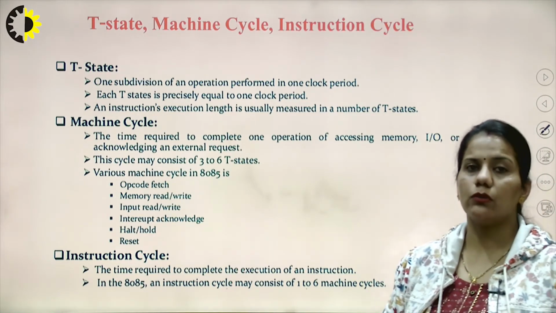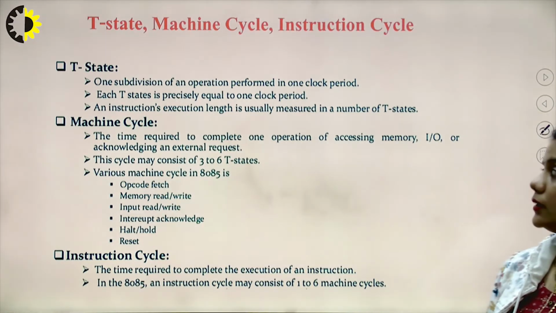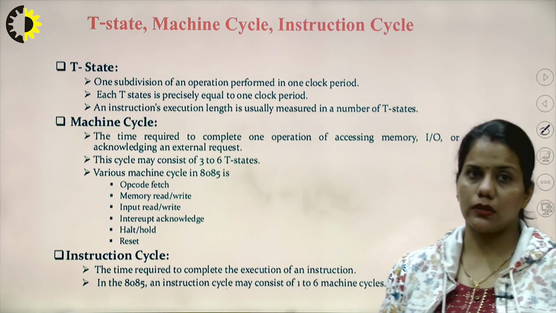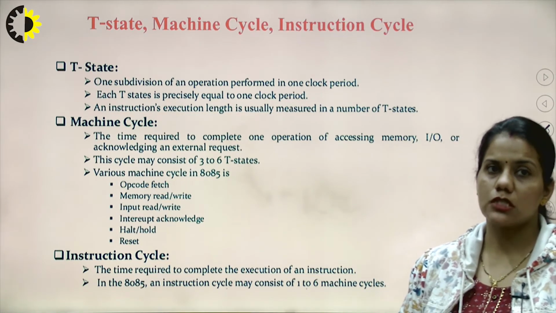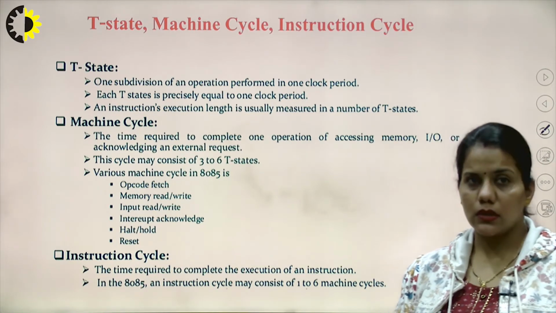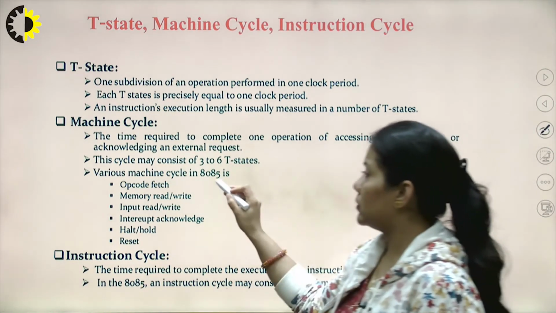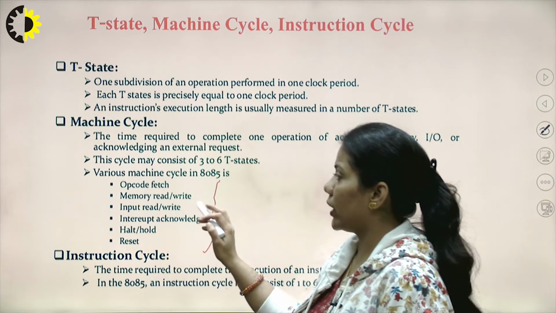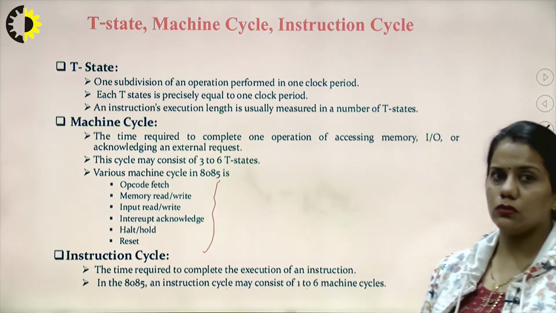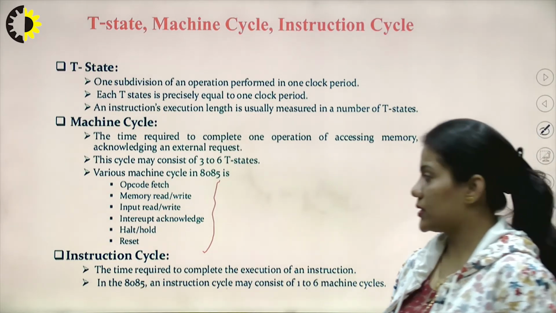The time required to complete one operation of accessing memory, input output, or acknowledging an external request makes a machine cycle. This cycle may consist of 3 to 6 T states. Various machine cycles are opcode fetch, memory read or write, input read or write, interrupt acknowledge, halt or hold, and reset.